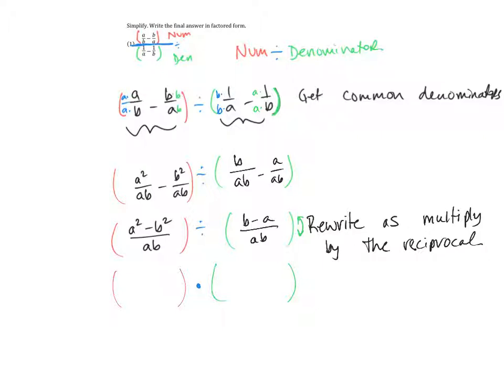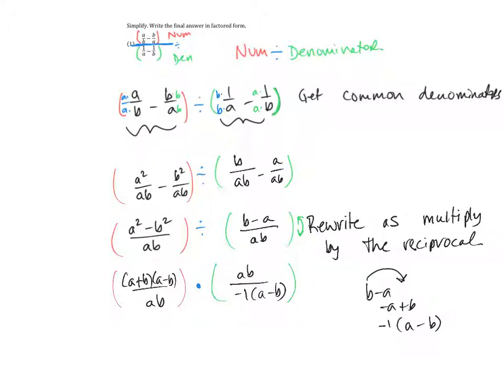In this first one, I'll factor that a squared minus b squared as a difference of perfect squares. So I have a plus b, a minus b, all over ab. And then I'm going to write the reciprocal. For b minus a, I can commute my positive b out to the back and then factor out a negative, so I'm going to factor that as negative 1 times a minus b.